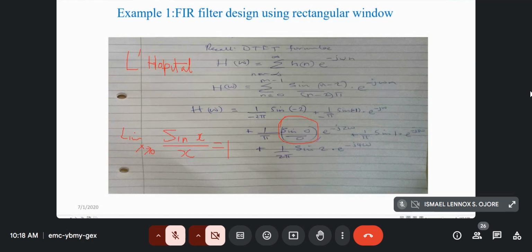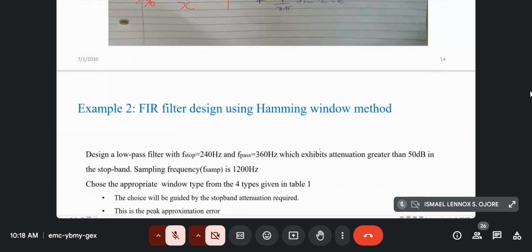I think that's okay. So that will be the first, and this will be the frequency response, which has these 5 terms. So this is for n is equal to 2, n is equal to 3, and n is equal to 4.